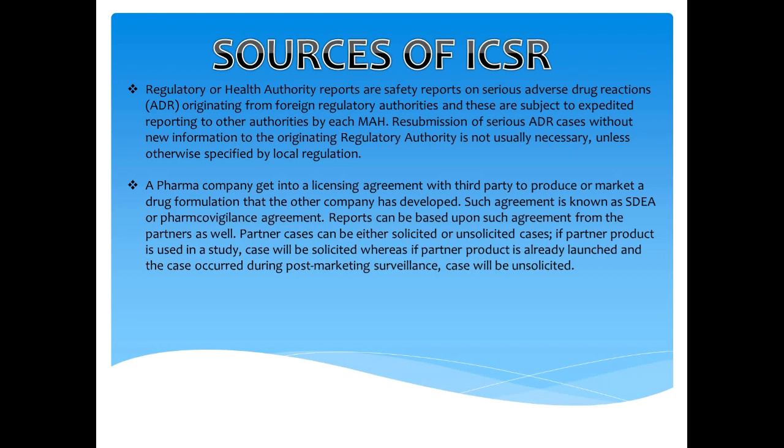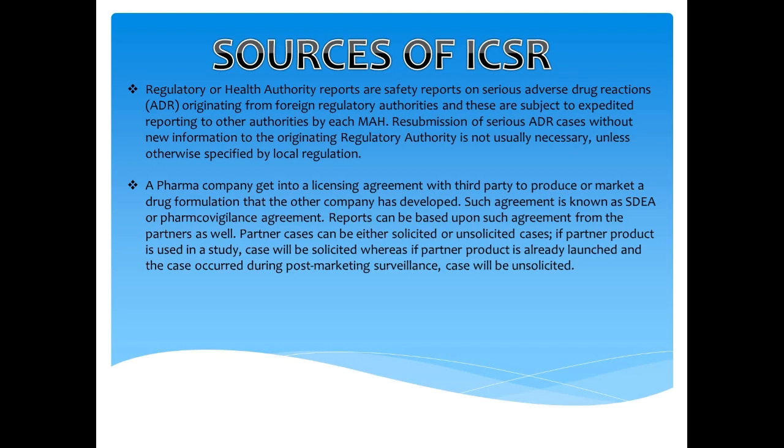So what we do in such a scenario is that if the FDA is reporting something for a particular company, then we will not submit that report again to the FDA, but will submit those reports to other regulatory authorities.